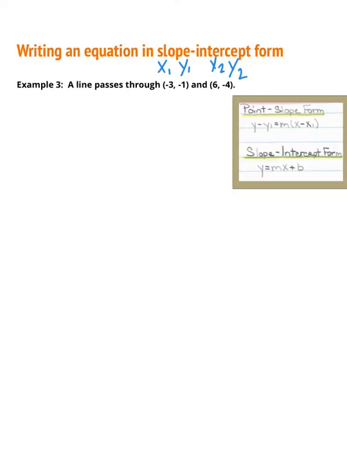So I have 2 points given, and notice I'm looking at my different formulas here, and I don't have a formula that's called 2 points. But I do have a formula that at least has an x1 and a y1. That's the point slope form. So I think we're going to start with that. The hard thing is I need a slope to use the point slope formula, and I don't have a slope here.